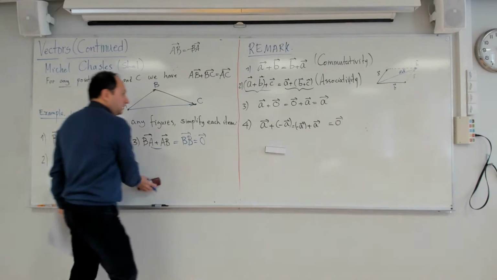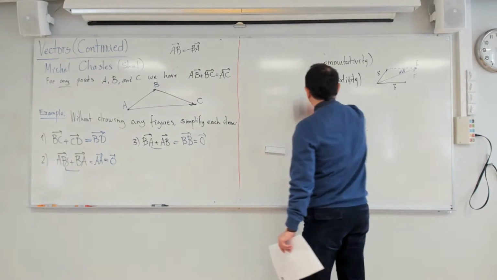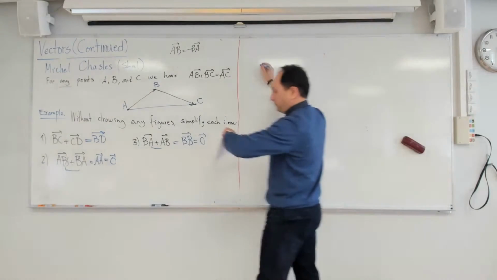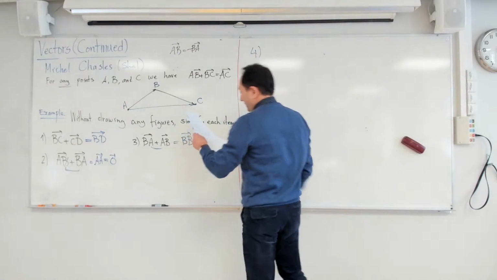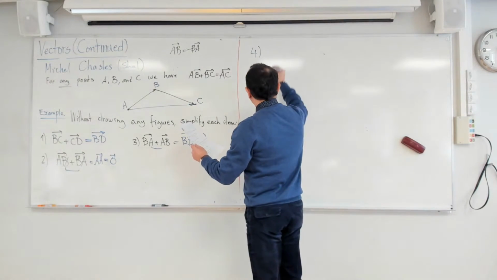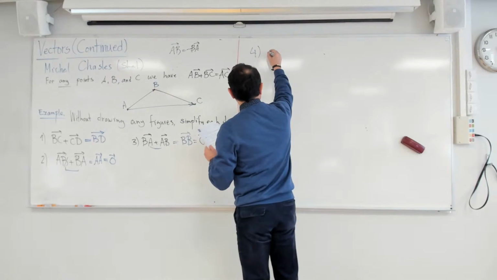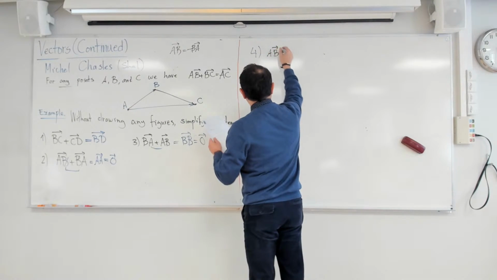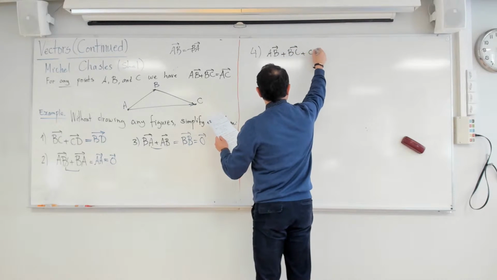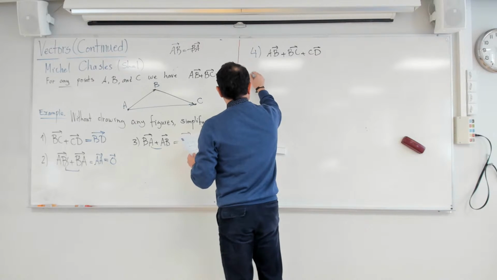Okay, let me go to the next question. Number 4. I want to teach you a little bit more and then I will stop. Number 4: AB plus BC plus CD. Let me write all of this in black.